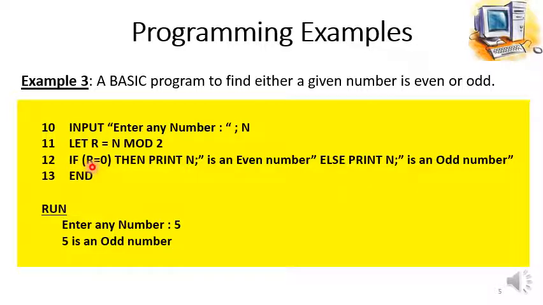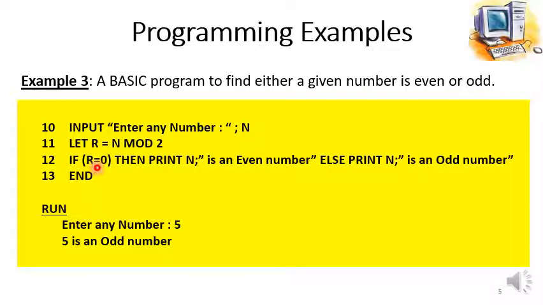If r is equal to 0, means if the value of r is equal to 0, then print n is an even number. Else means if this condition is not true, then print n is an odd number. So it will evaluate this condition.